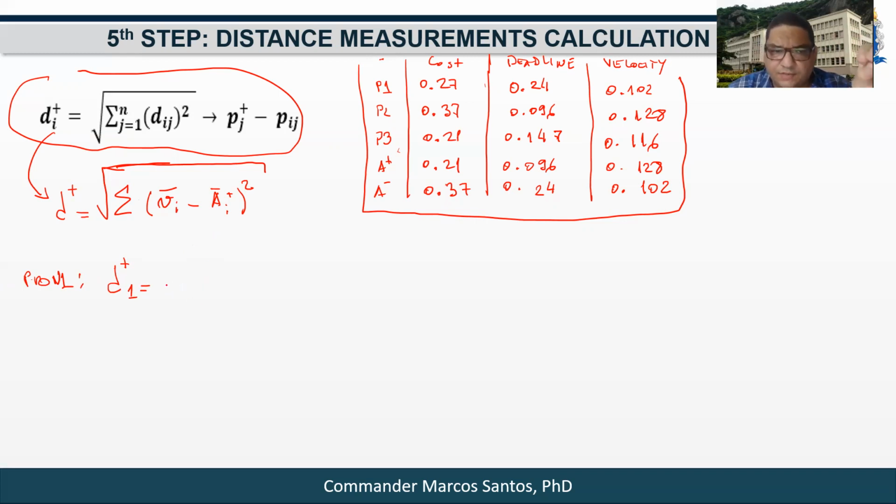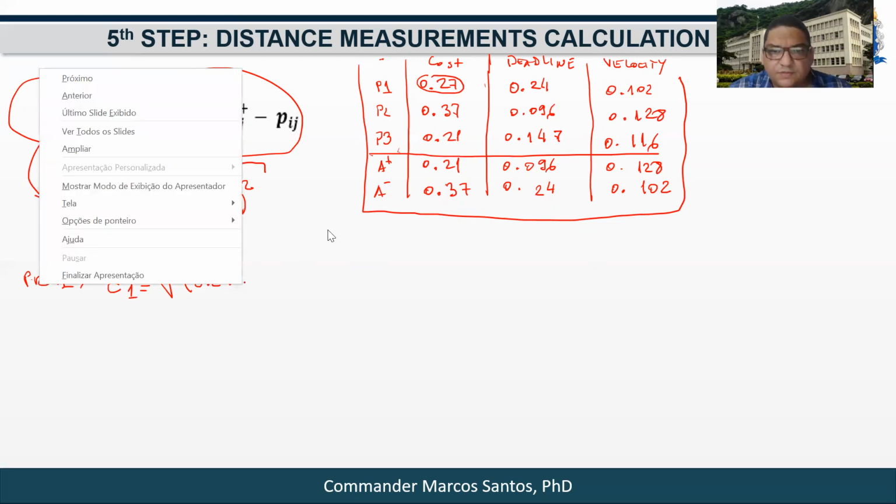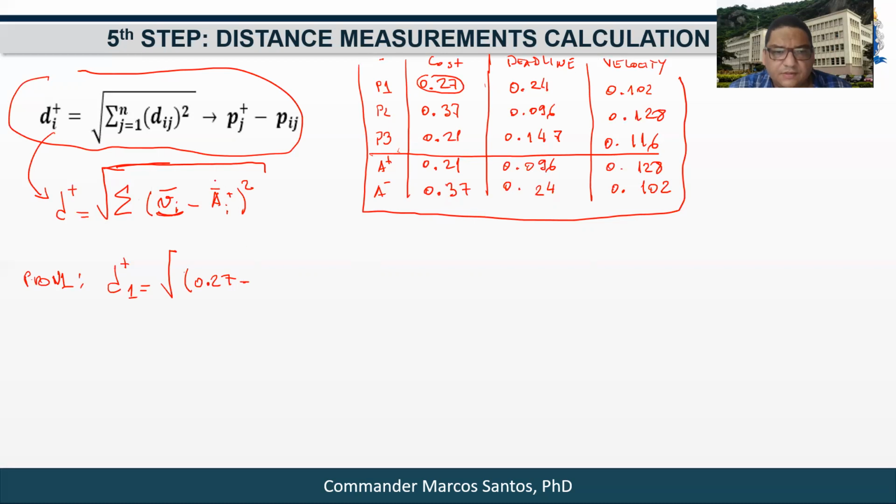Positive D1 is the square root of 0.27, the value, minus the positive ideal solution.